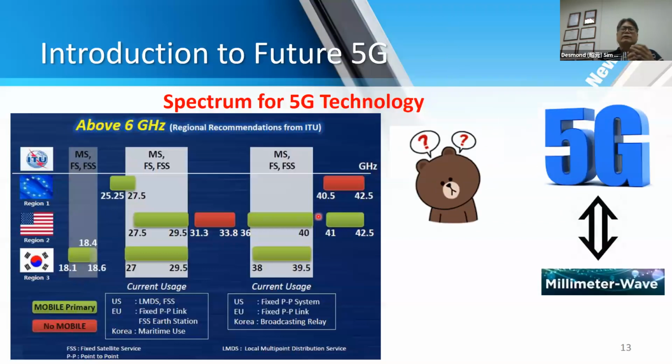Now, those people who are working in millimeter wave keep thinking that 5G is equivalent to millimeter wave. Some people keep saying that. But to us, we do not think so. 5G is not equivalent to millimeter wave. Yes, we will approach millimeter wave this year and the next year and the next 10 years, but it is not now.